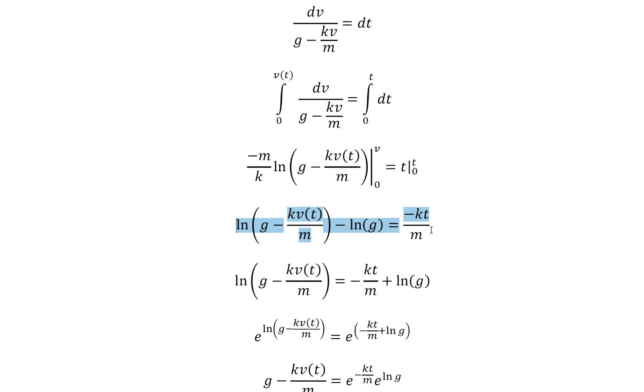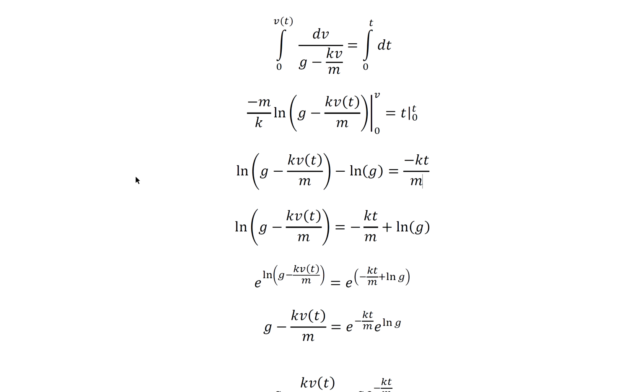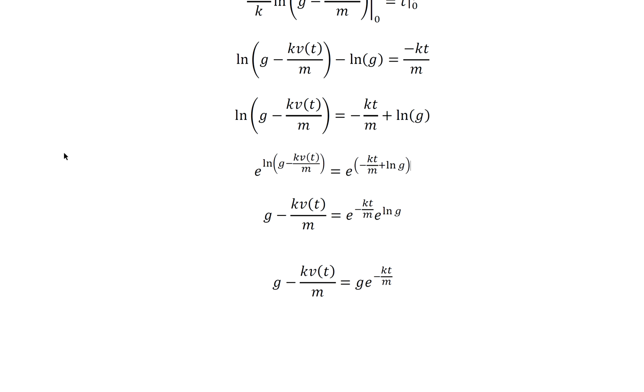Here we plugged in what we were supposed to after evaluating the integral. Here we rearranged by just putting the ln and g on the other side. Here we took the exponential of both sides.